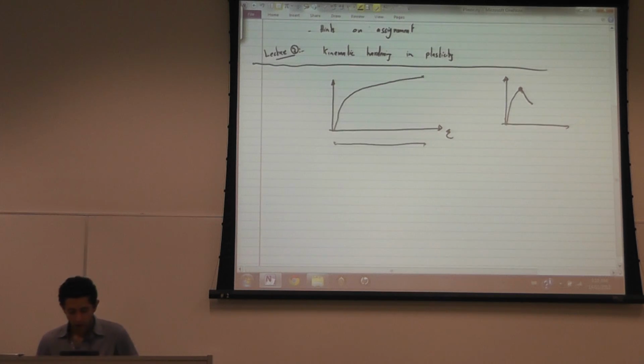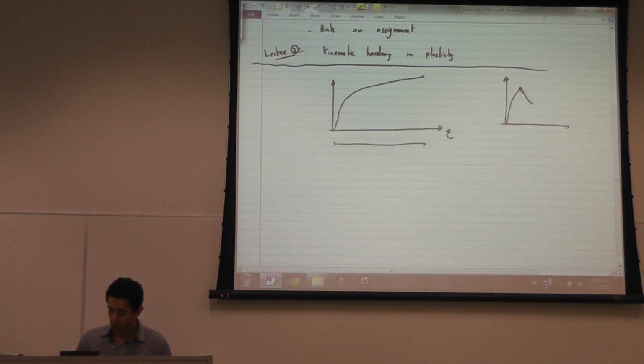Okay, so that's the first thing that we want to talk about today: what are the physical observations. I'm going to follow the numbering in the notes.